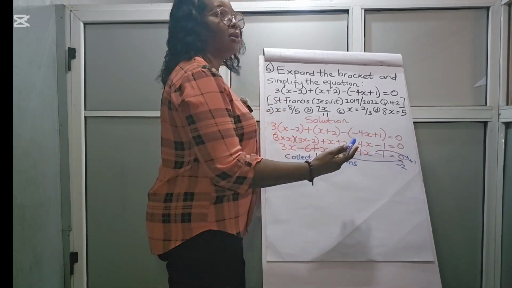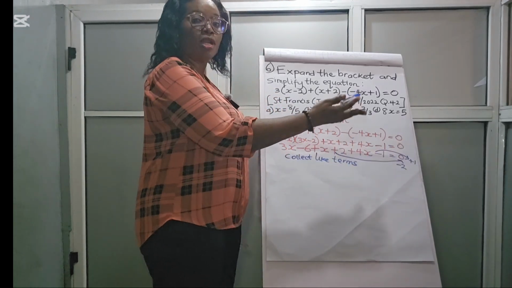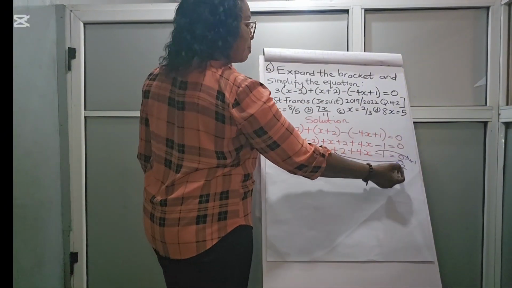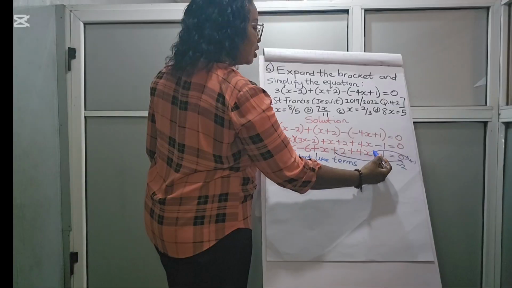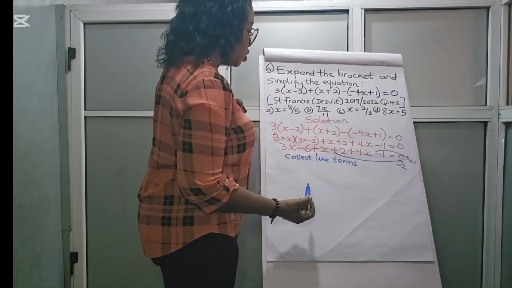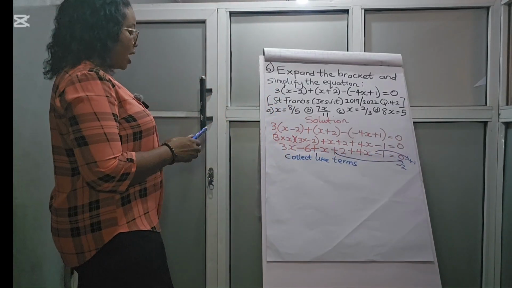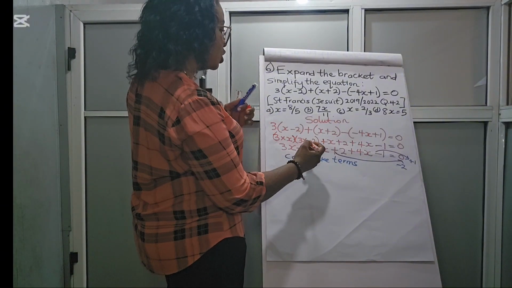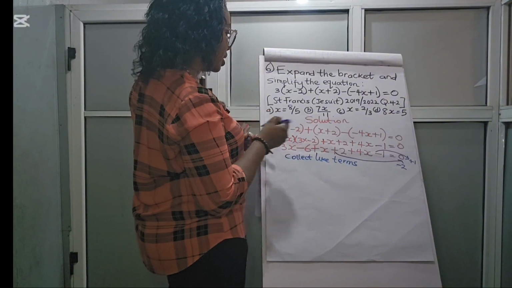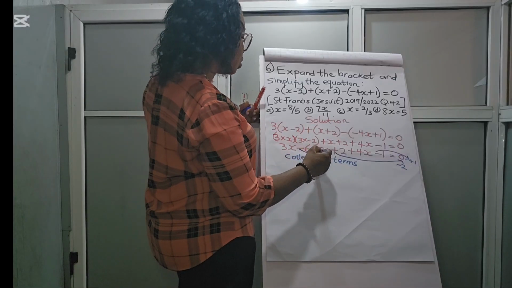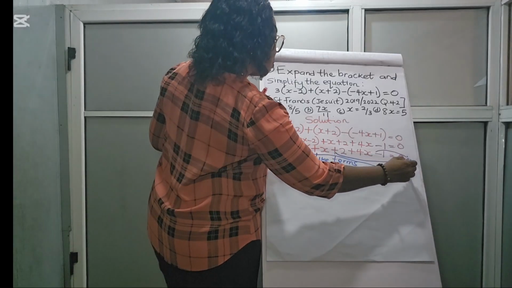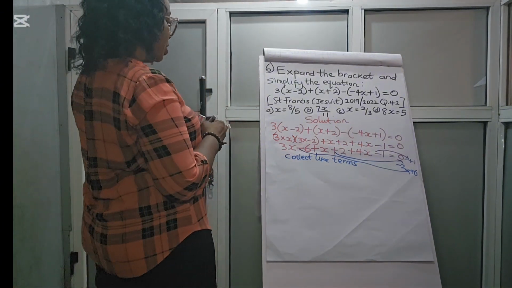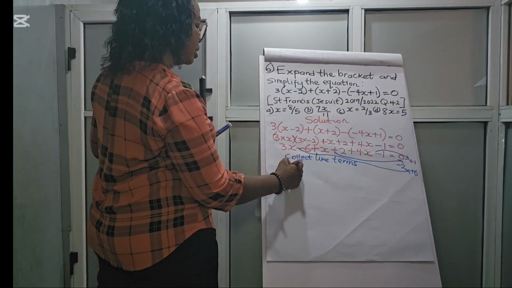And remember, once a number crosses the equality sign, the sign it carries changes. So plus 2 changes to minus 2, and minus 1 changes to plus 1. Also minus 6 is moving. Hope we didn't forget minus 6. It will become plus 6.